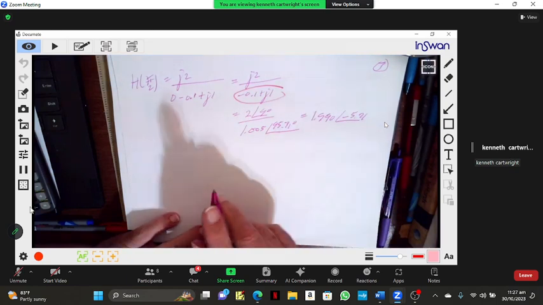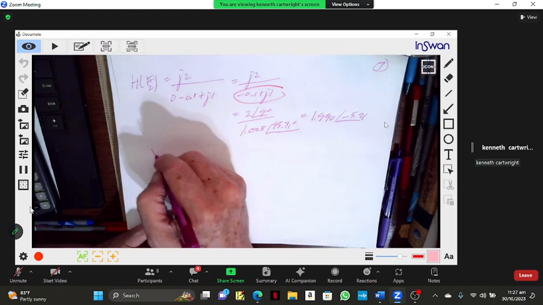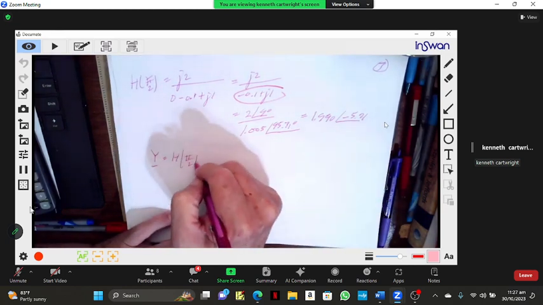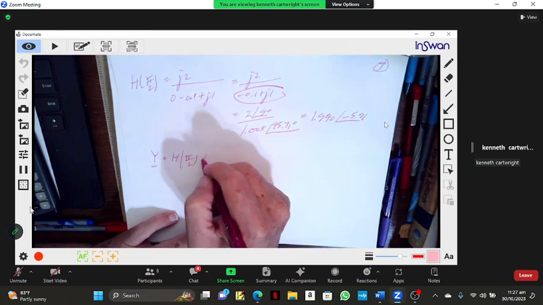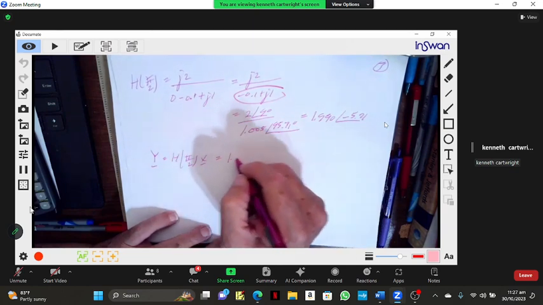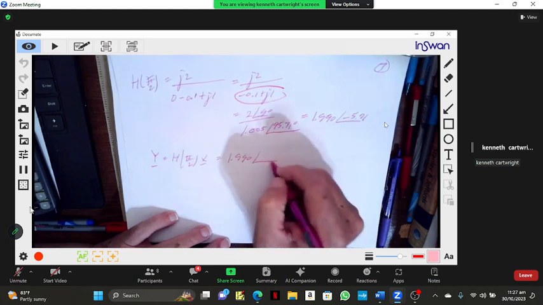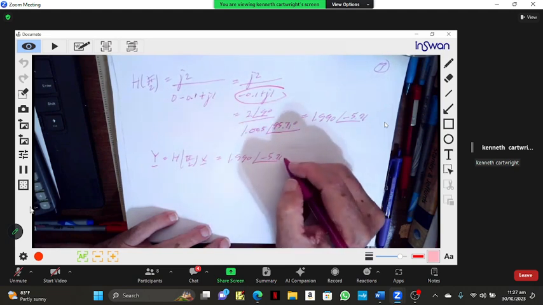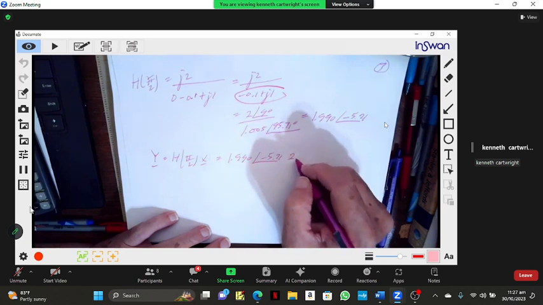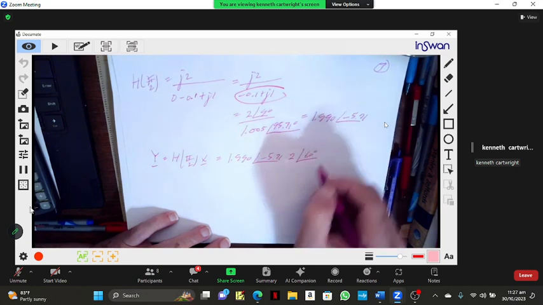Okay. So the Y phasor equals H of pi over 2 times the X phasor. So the Y phasor is 1.990 at negative 5.71 degrees times the X phasor, and the X phasor is what? 2 at 60 degrees.